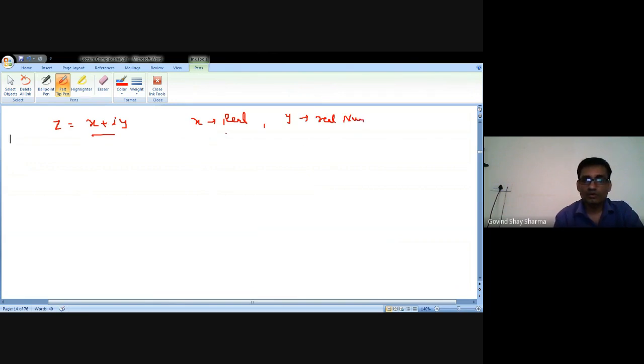If you plot a complex number a plus iota b, we take a and b on the axes. The y axis we take as the imaginary axis, and this is the real axis.